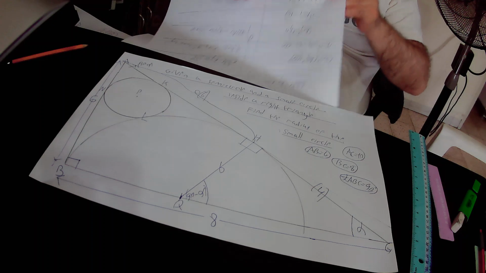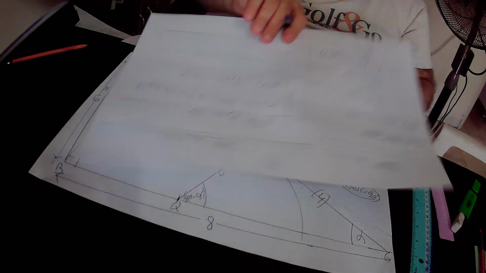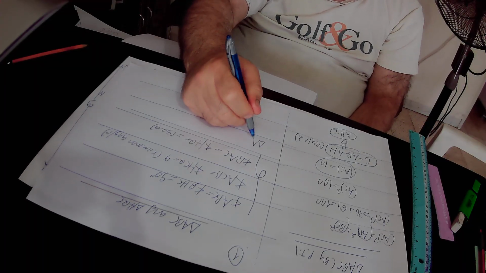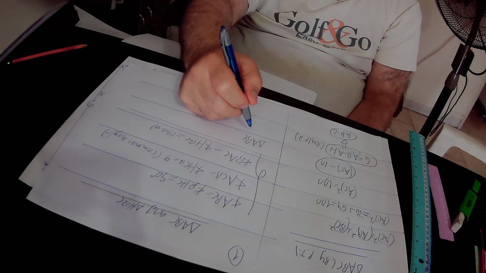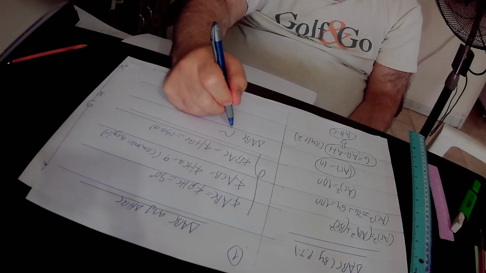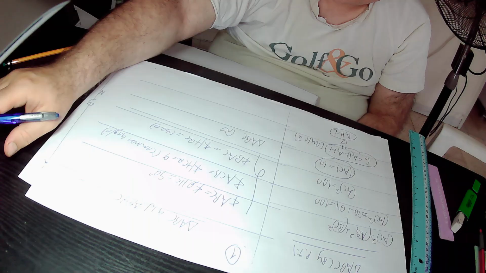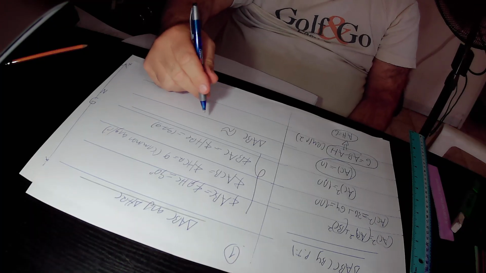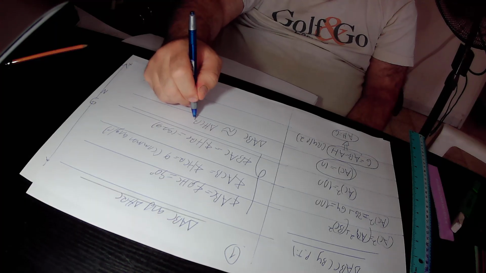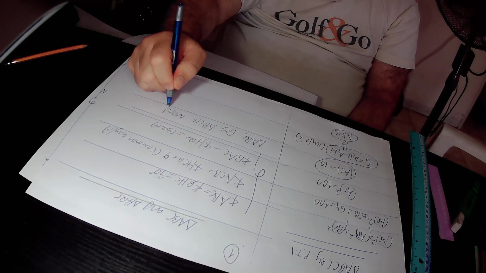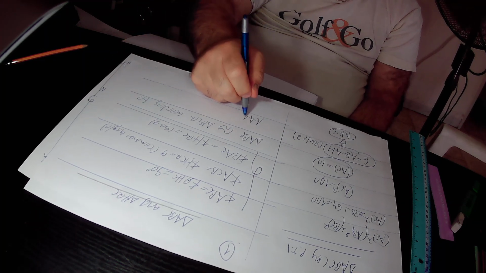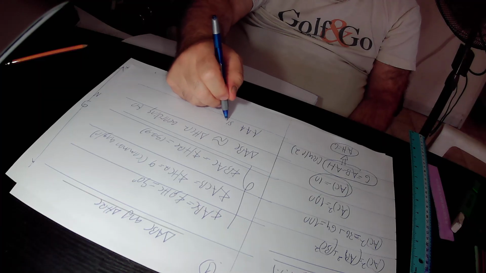So I write it down. The big right triangle ABC is similar, this is the sign of similarity, to the small right triangle HCQ according to the angle similarity rule.